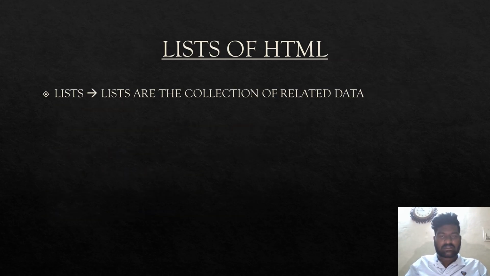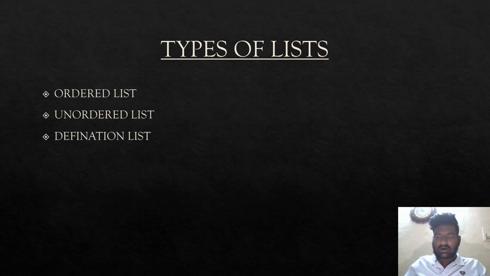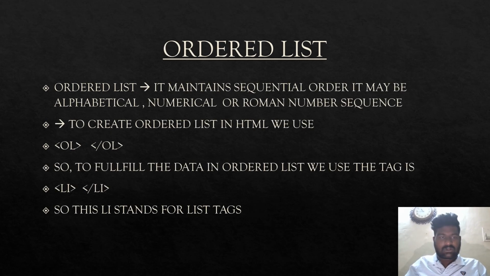Lists in HTML. A list is a collection of related data. In lists there are ordered list, unordered list, and definition list. Ordered list maintains sequential order. Generally all of you know about ordered lists, because step by step we can write 1, 2, 3, 4, 5, 6.